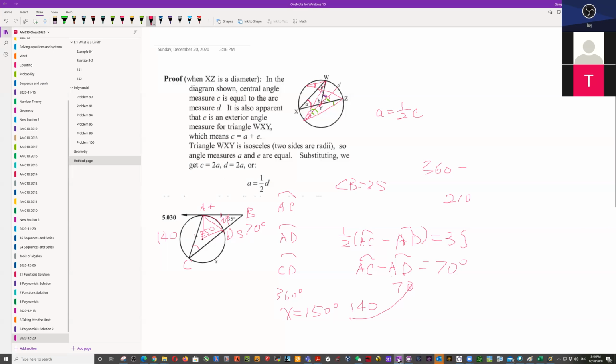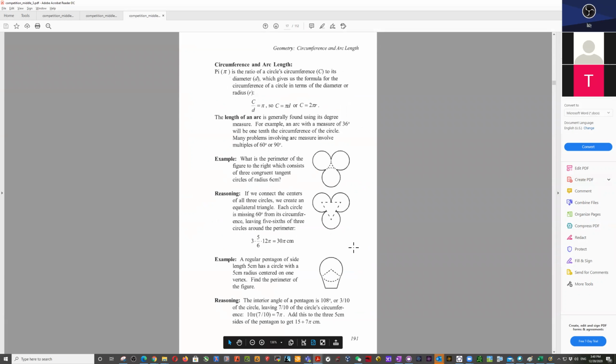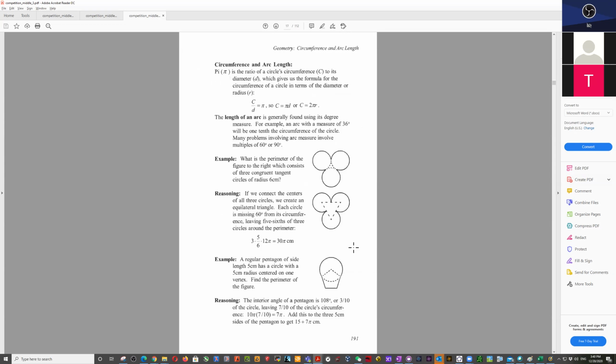Let's see. Yeah, let's finish with arc length. So circumference and the arc length. The circumference is 2 pi r.